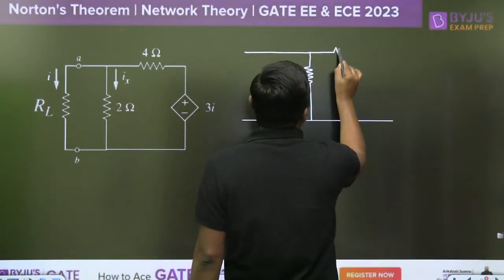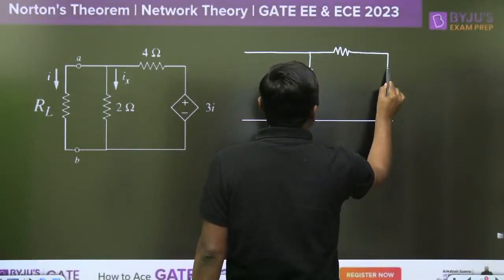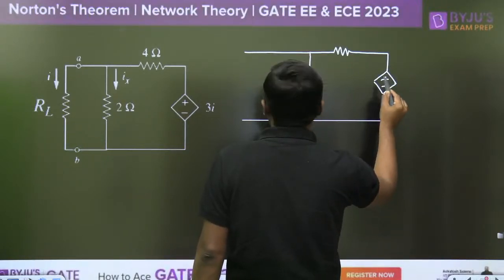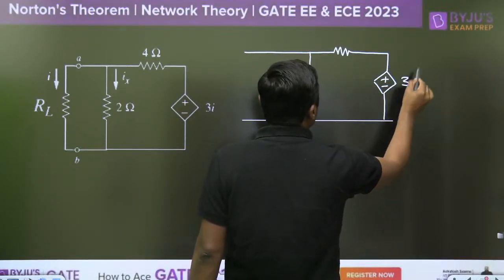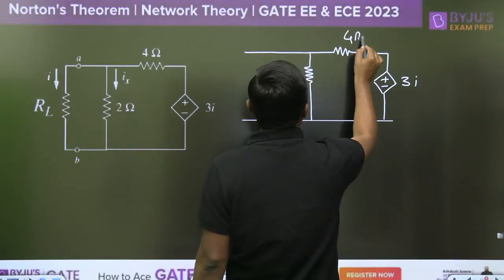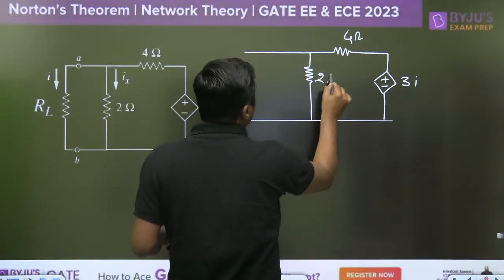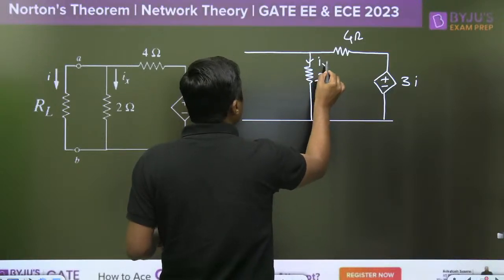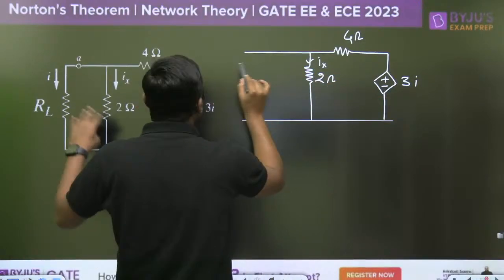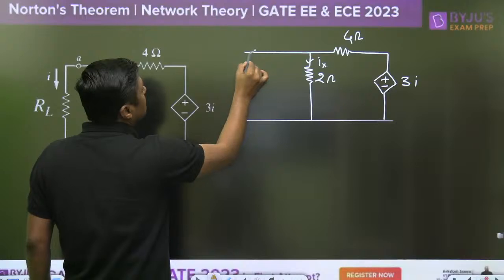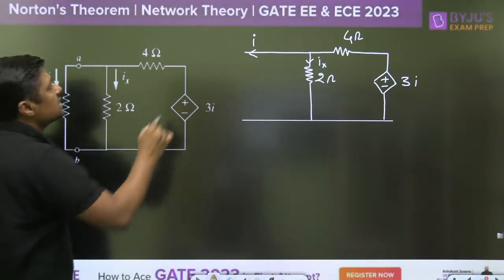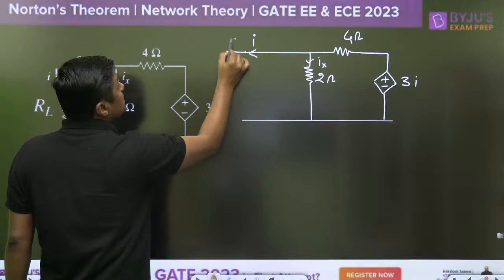This is the 4 ohm resistor. This is the 3I, and this is the 4 ohm, and this is the 2 ohm. This is IX, but IX is not required because this depends upon the I. This is I. In this branch, there is a current I. Now it acts as open circuit. This is the terminal A and this is the terminal B. Always consider this.